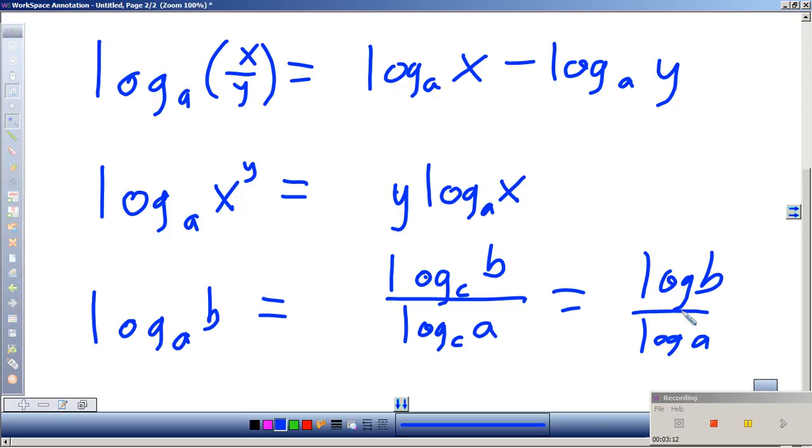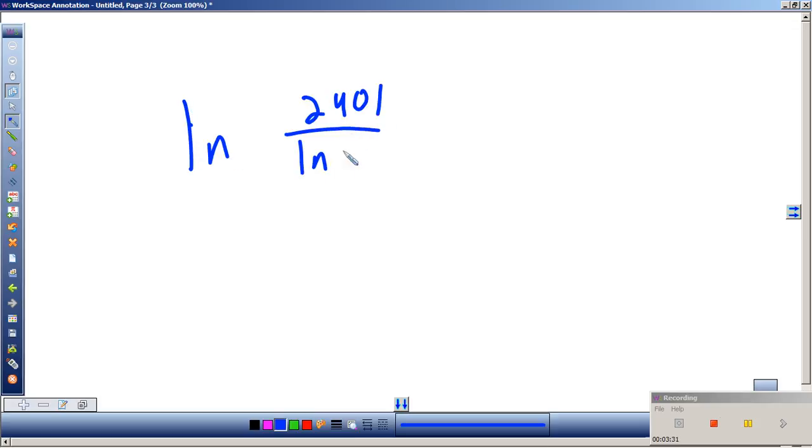So everybody with me, we'll look at those 4 properties. So now we're going to do some examples. Let's see. Log, actually let's do ln. ln 2401 divided by ln 81.